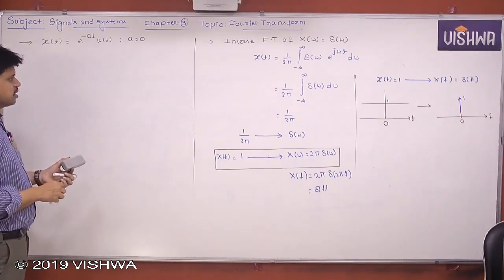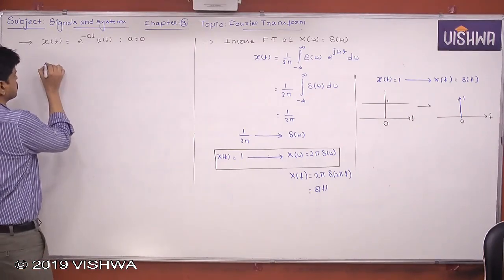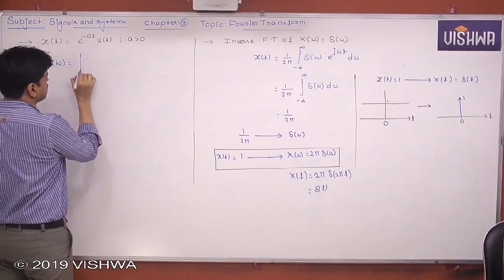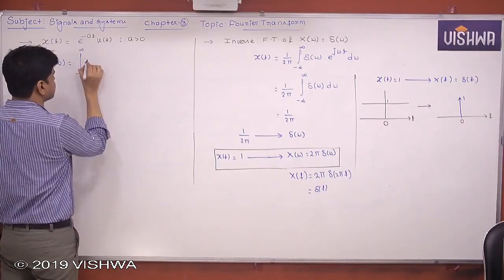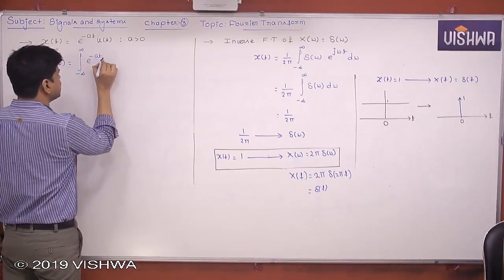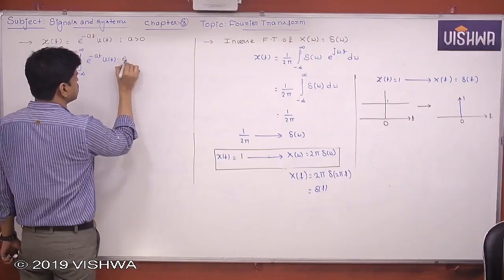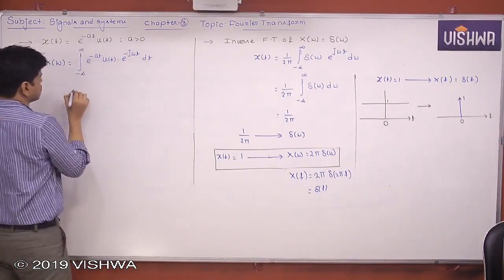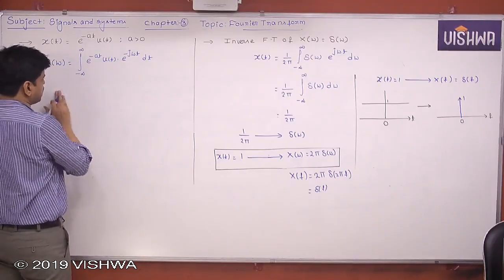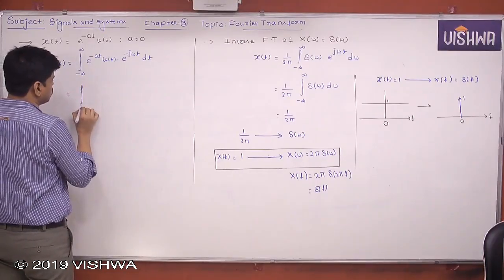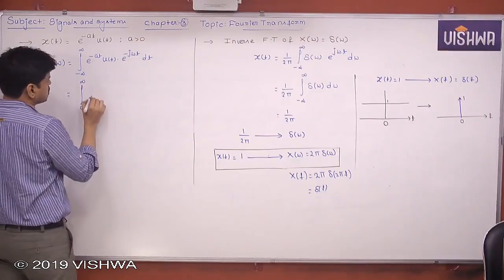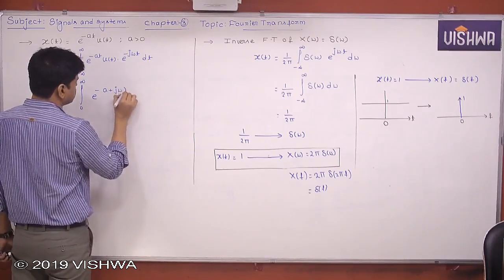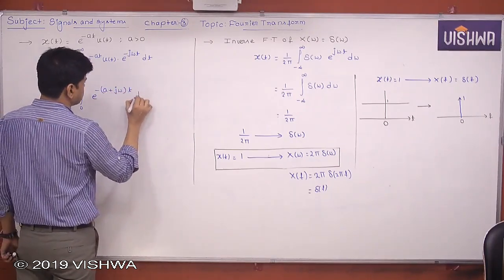Because it's an energy signal, I can directly go with the formula. X of omega is equal to the integral from minus infinity to infinity of e power minus at u of t, e power minus j omega t dt. Because of this u of t, I can take the limits from 0 to infinity. E power minus a plus j omega into t dt.